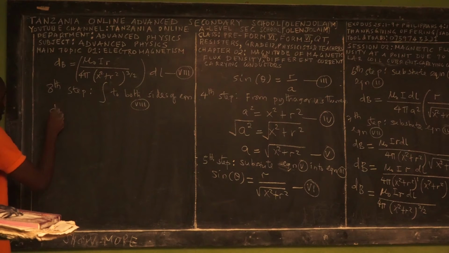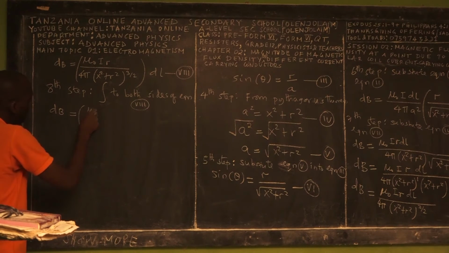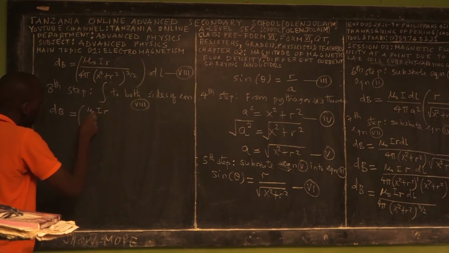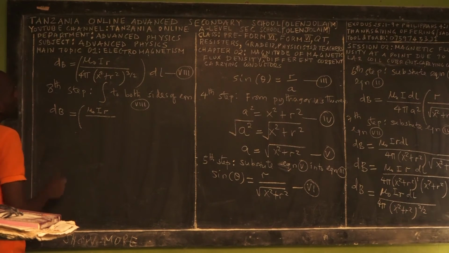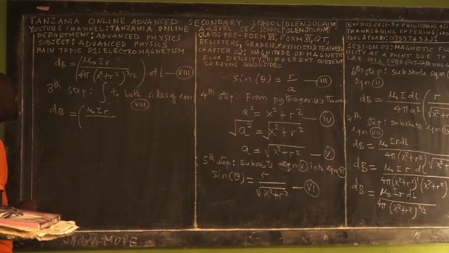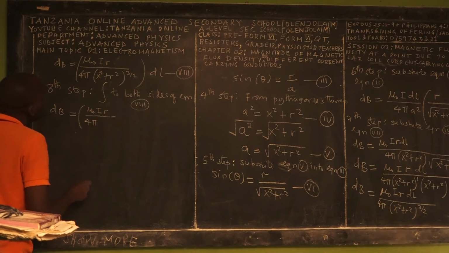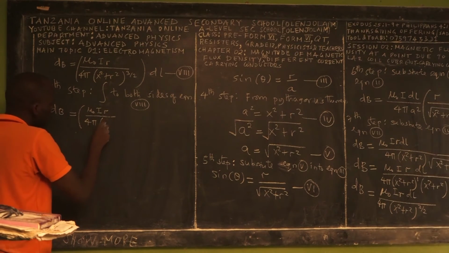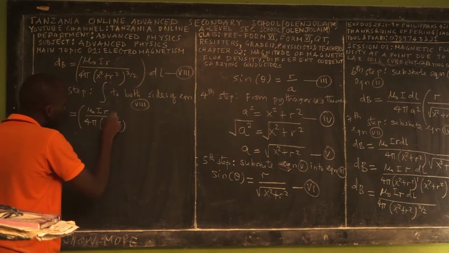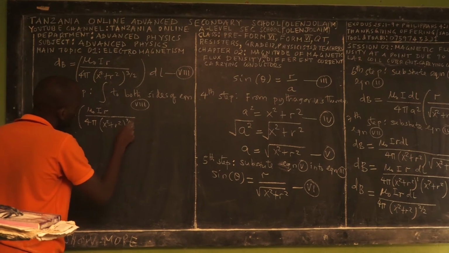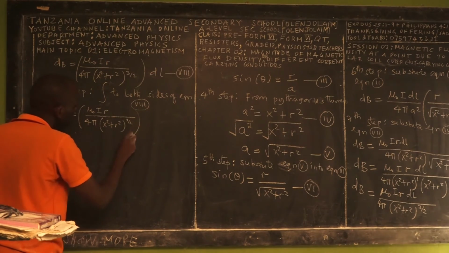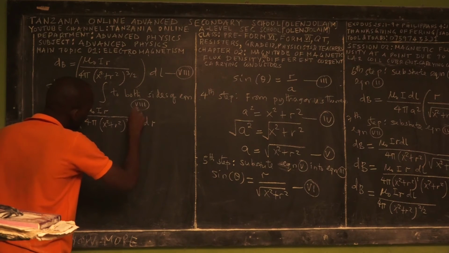So this is small change in magnetic flux density is equal to permeability of free space, current times radius of the circle, over 4 pi, and then x square plus r square power 3 over 2 dL.